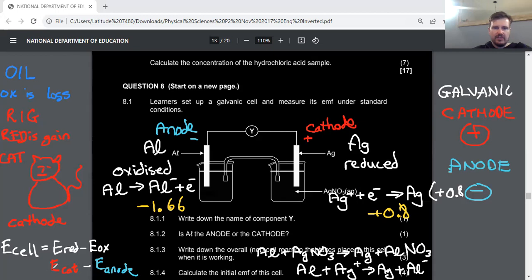So do you see that it's going to be 0.8 minus, and then the anode is the minus 1.66. And so a minus gives us a plus. So it'll be 0.8 plus 1.66 gives us 2.46. So this answer here would be 2.46.